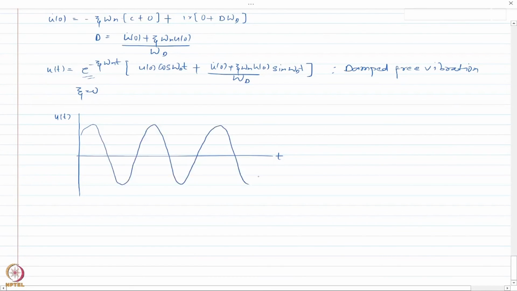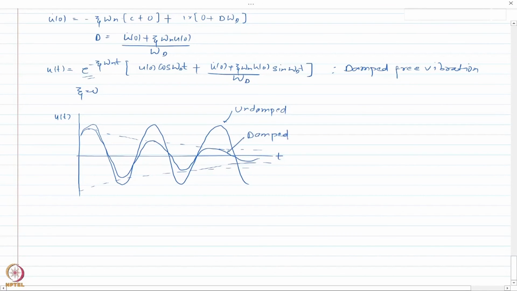And for the damped free vibration, it would be something like this. So if you see, the amplitude is actually decreasing, like this. So this is undamped and this one is damped.